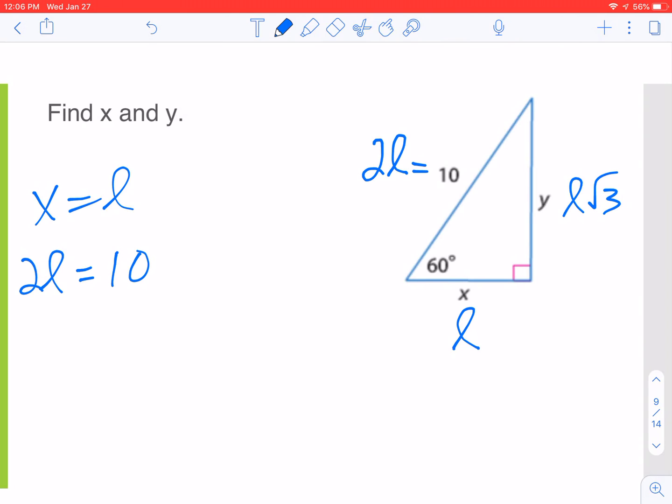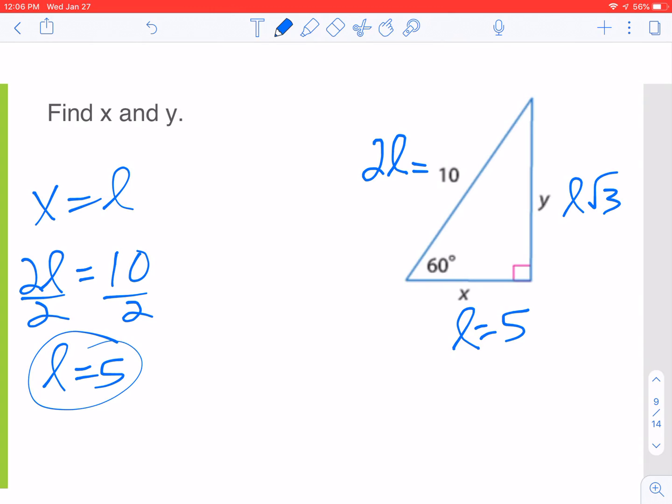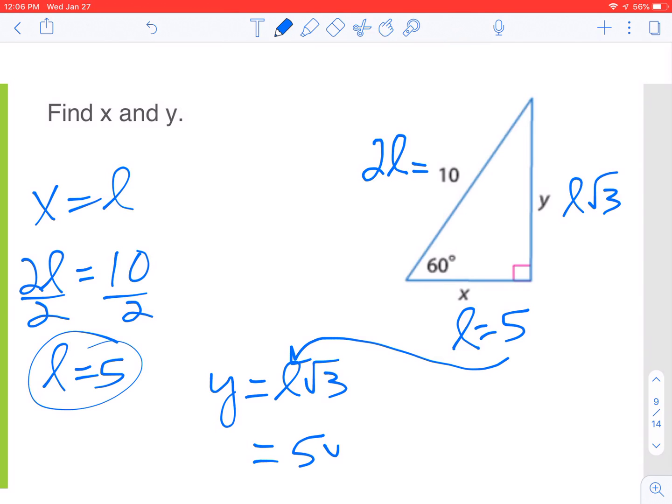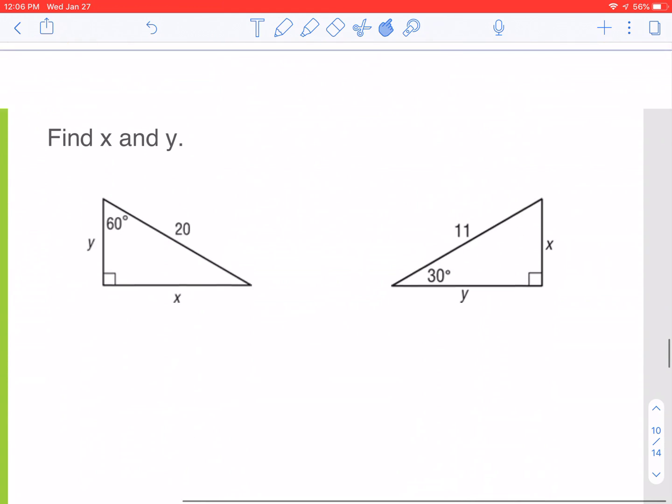Over here, 2L equals 10. Divide both sides by 2. L equals 5, which is the same as X. And now I can say Y equals L root 3. I know L. I plug it in. It equals 5 root 3. And that's how you do it when you start with the hypotenuse.